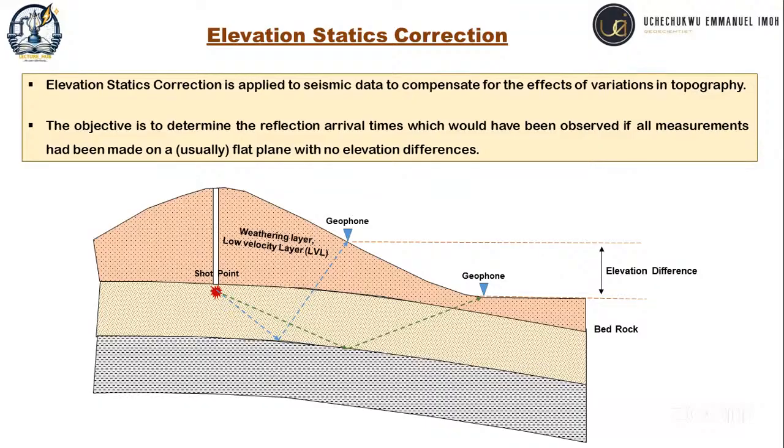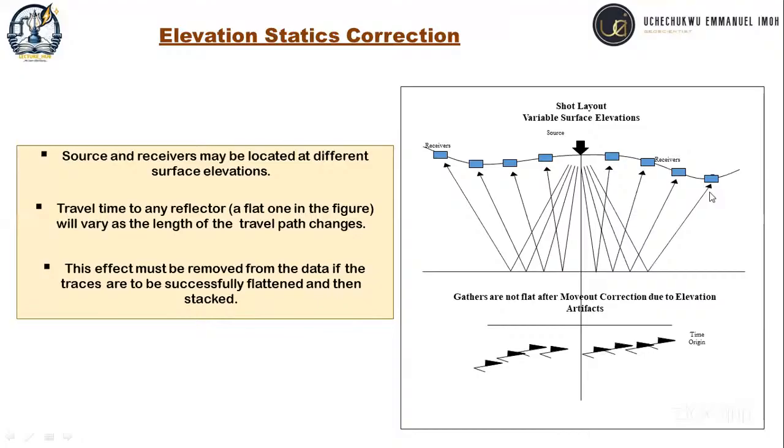On land, you have hills, valleys, high areas and low areas in terms of elevation above sea level. And your shots, they drill shot holes and introduce the dynamite inside the shot hole. All these differences in elevation will affect your data, and you need to correct for that effect. That correction is known as elevation statics correction.